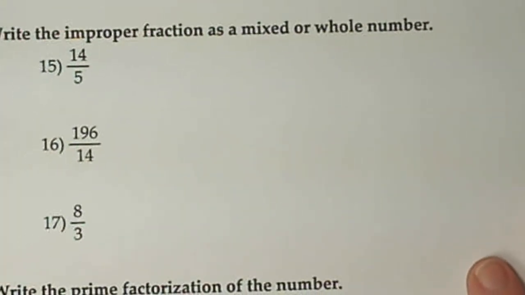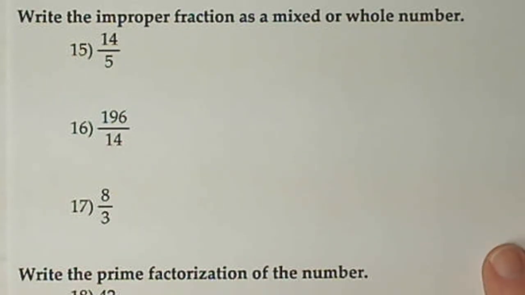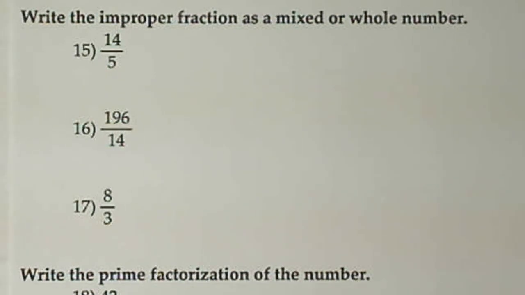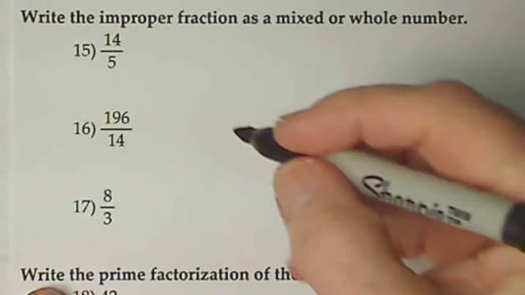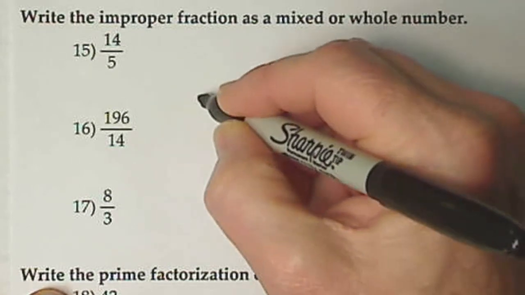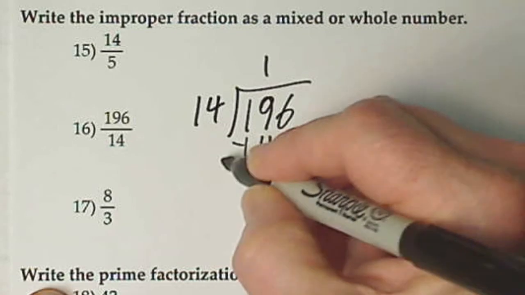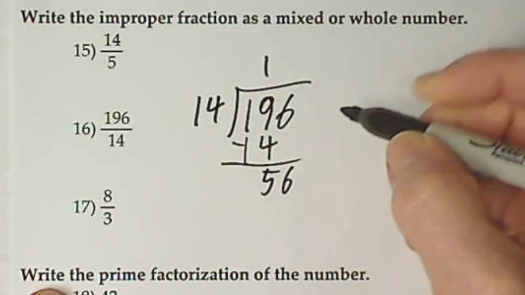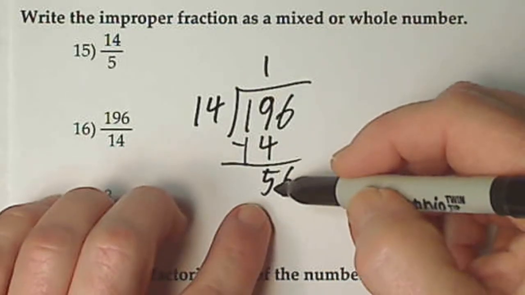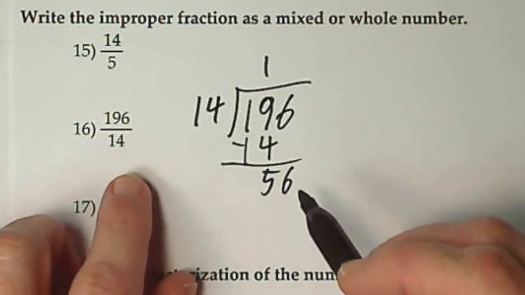Alright, we'll take a look at number 15, 16, 17. Well, we just went over how to do these. Maybe I'll just tackle the big one here. 196 divided by 14. It goes in once. And 14 actually goes into 56. And the more you work with this, the more you'll start seeing the little tricks.